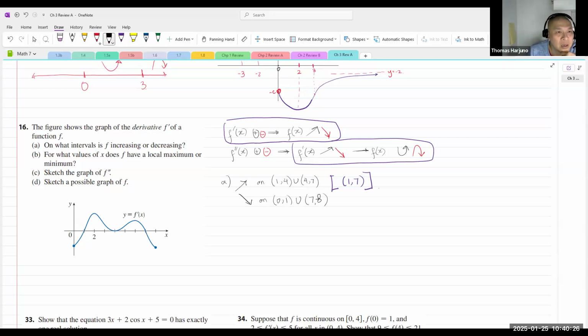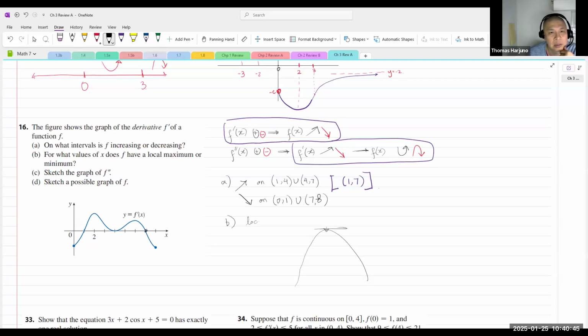Second, for what values does f have a local maximum, local minimum? Local maximum means the slope changes from positive to negative, with 0 somewhere between. From positive becomes negative, then this must be the local maximum, right?